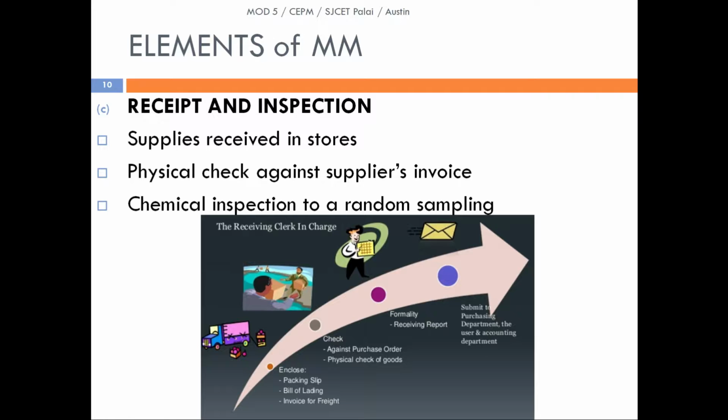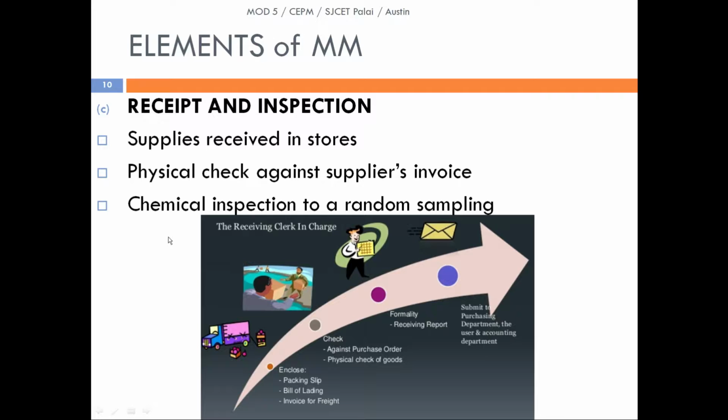The third one is receipt and inspection. Once we have decided to procure, we must receive the product or raw material at our construction site or in our organization. Then we receive the supplies in our stores or warehouses.